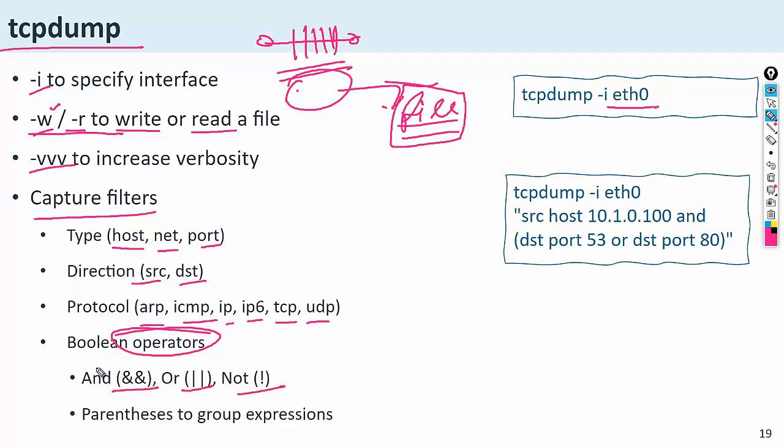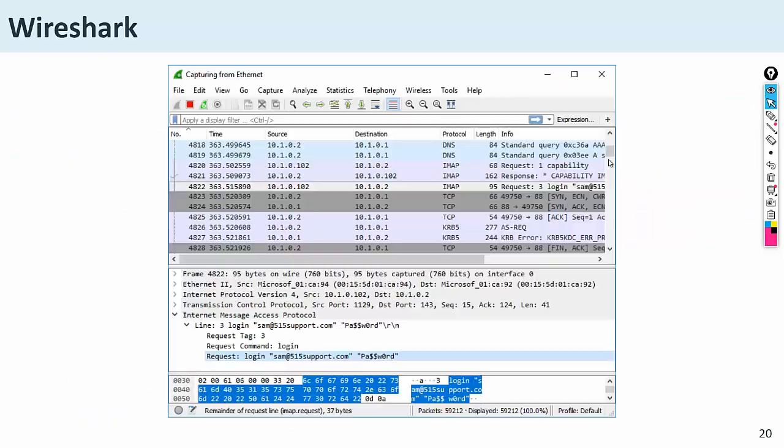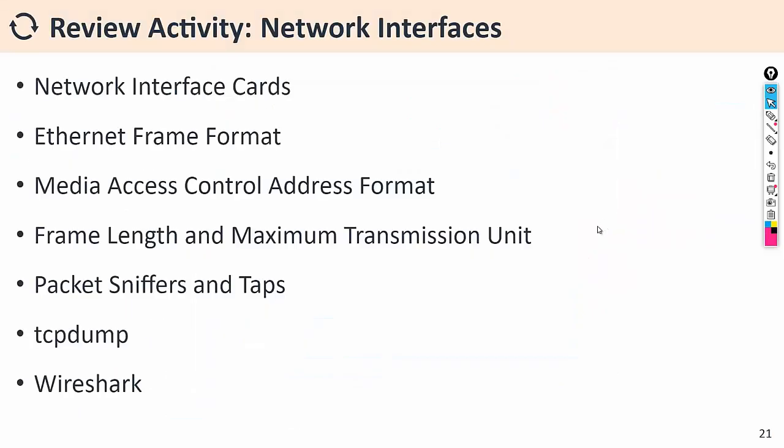I think all of you know about and, or, not. To make a group, you can use parentheses. First and second types of filter are used here. Wireshark, I have told you already how to use Wireshark and capture the data.